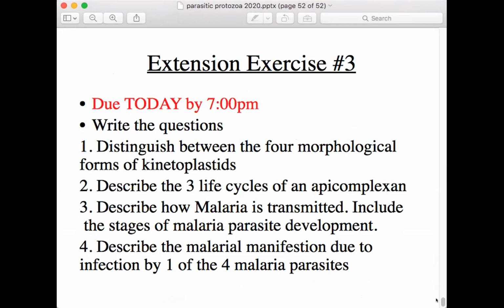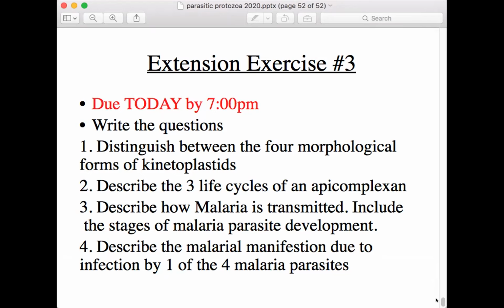All right. You do write these questions down, and you're going to respond to 4 things that we looked at today. 1, I want you to take some time and read and be able to distinguish between the 4 morphological forms of the Kinetoplastids. The next one, I want you to describe the 3 life cycles of an apicomplexan. Lastly, I want you to be able to describe how malaria is transmitted, including the stages of the malaria parasite development.